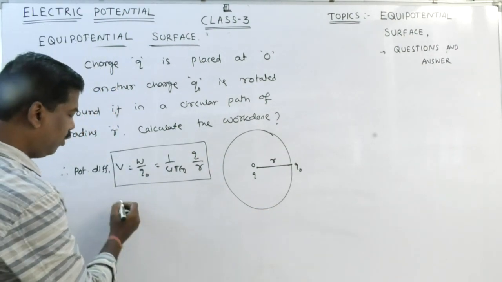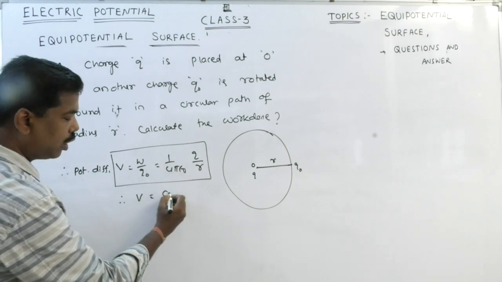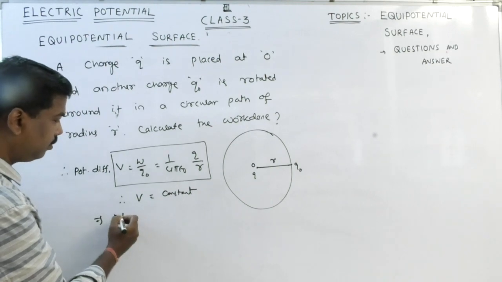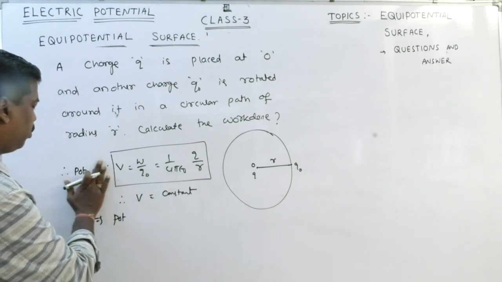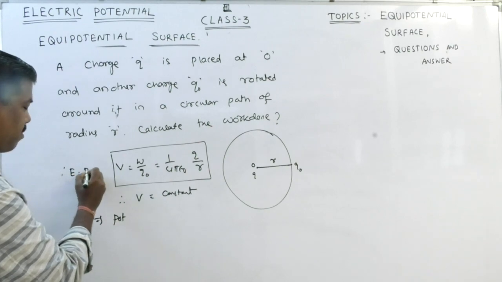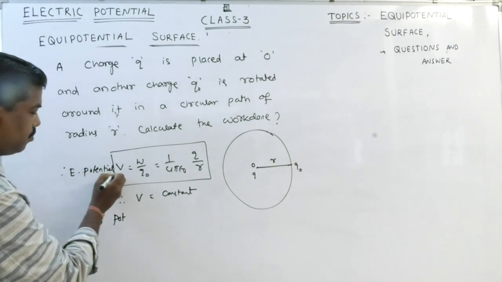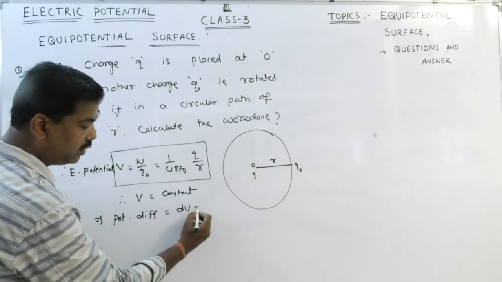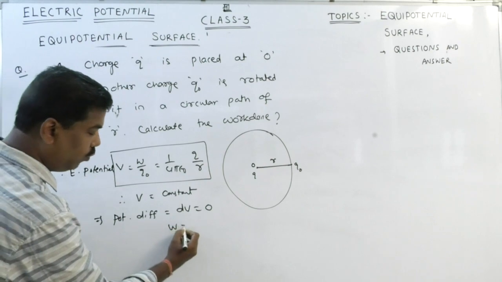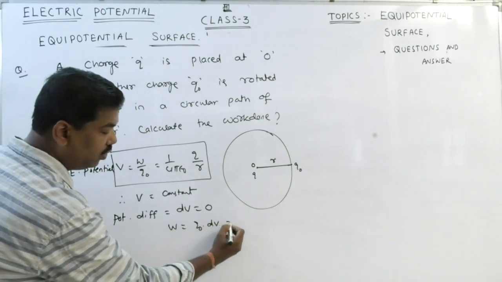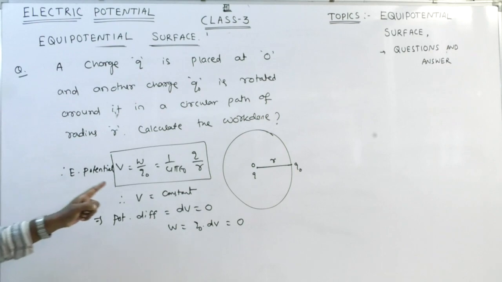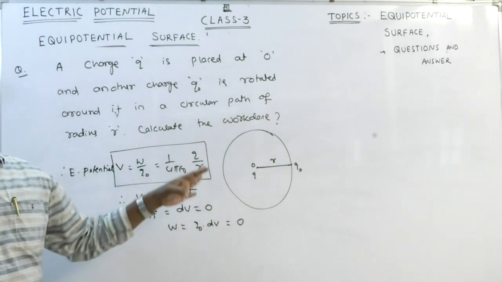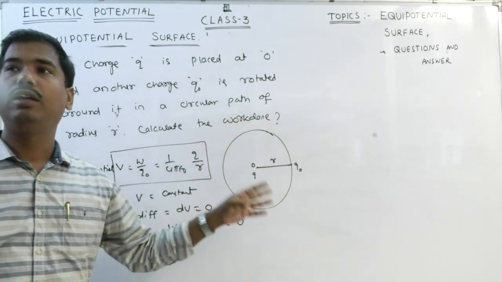So we found that the potential V is constant. Therefore, potential difference dV is equal to 0. Work done is equal to Q0 into dV. How much? 0. So no work is done when a charge is allowed to rotate along a circular path.